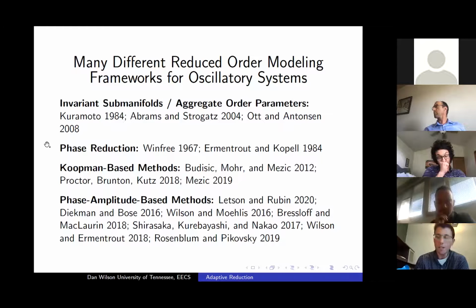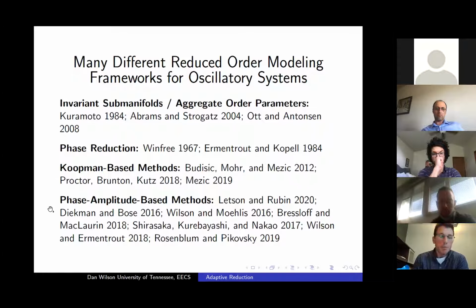Phase reduction is a really popular one in the neuroscience community, which was really developed by Winfree in the 60s and also Ermentrout and Kopell later on. More recently, Koopman-based methods have become popular, and Koopman operator theory says that you can represent any nonlinear dynamical system in terms of a linear but possibly infinite dimensional operator.